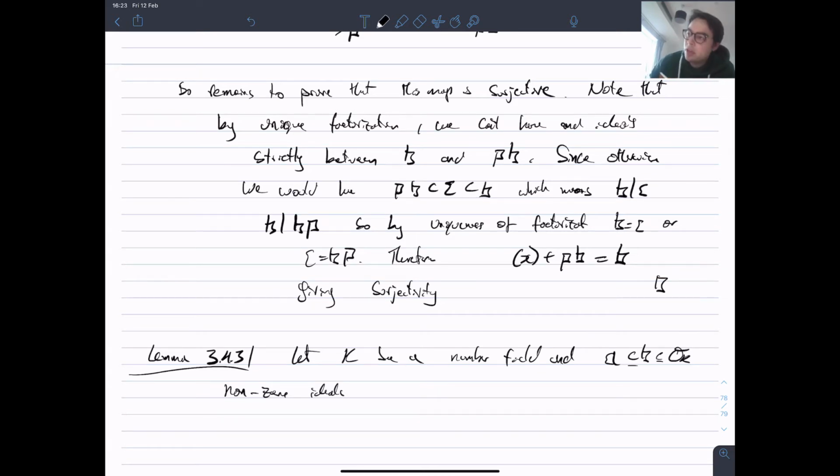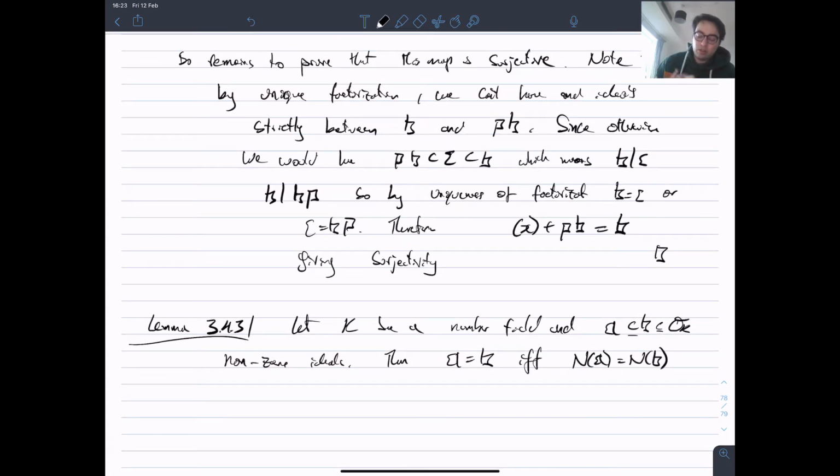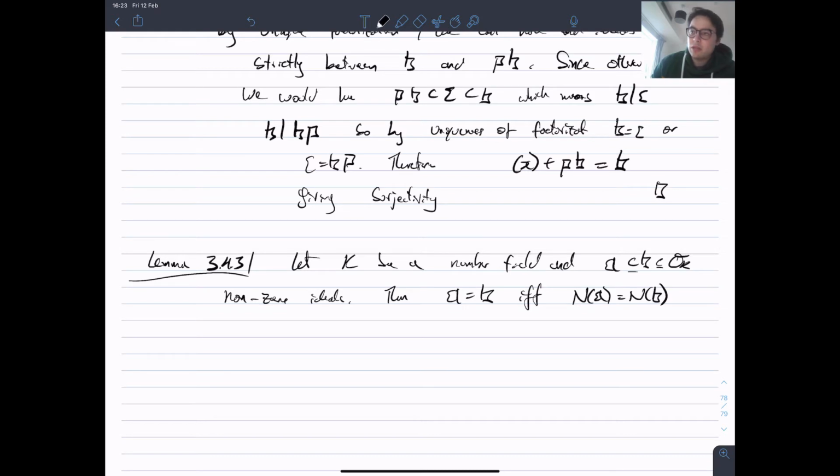But I have non-zero ideals, then what's the statement? Then these two ideals are the same if and only if the norm of A equals the norm of B. So if we had a good way of figuring out norms, and we had a containment of ideals, we could somehow tell if a sub-ideal is the full thing, just by taking the norms. And we will see that we have good ways of calculating the norm. So we'll get to that in a bit.